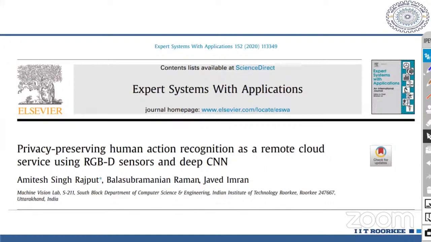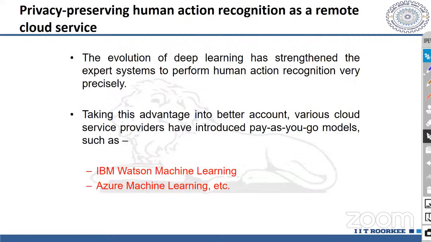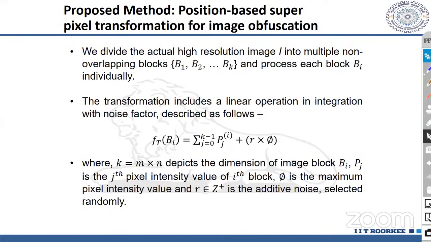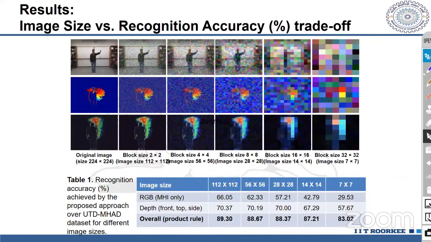This is now the combination of privacy. That means I'm going to have the cloud with the deep convolutional neural network. These are some of the basics on cloud; I'm not going into detail. We want to focus on this kind of problem.